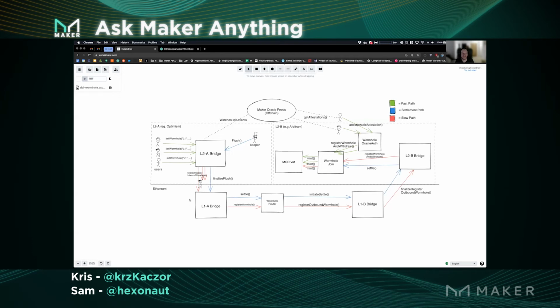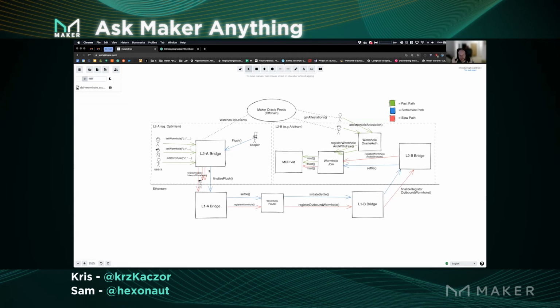So if there's a total of, I don't know, 1 million DAI on Optimism, this bridge for Optimism always has 1 million DAI locked on layer 1. And now if you simply deploy MCD on Optimism and allow minting new DAI out of Ether or whatever, when we think about these domains, we also need to think about native collaterals for these domains, collaterals that don't exist even on layer 1, right?